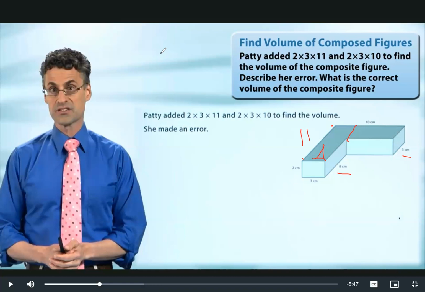Absolutely right. So the volume for figure A is 2 times 3, which is 6, and 6 times 11 is 66 centimeters cubed. But she accidentally double counted that space, but we're not going to make that mistake, are we?